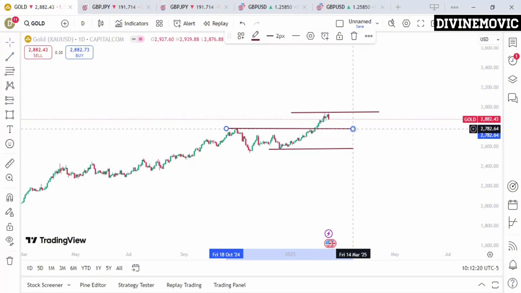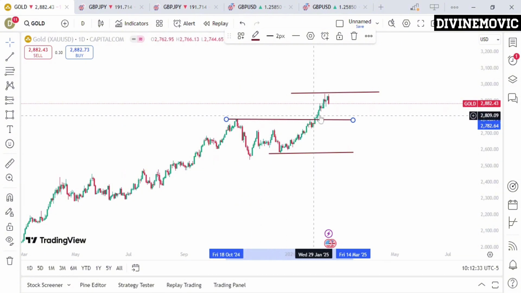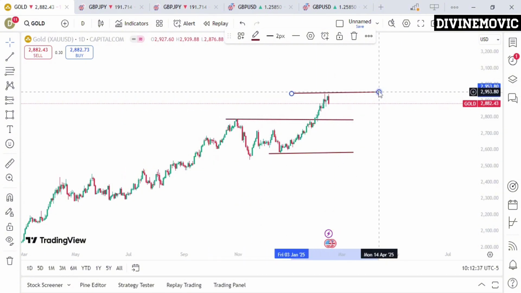That means this place is also a key level. In this case here, we are able to identify three key levels. First, support key level. Secondly, the point where resistance became support. And thirdly, the resistance key level.